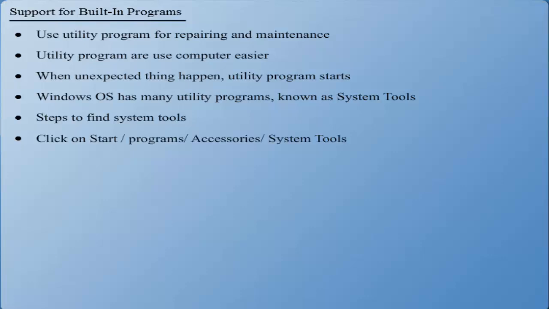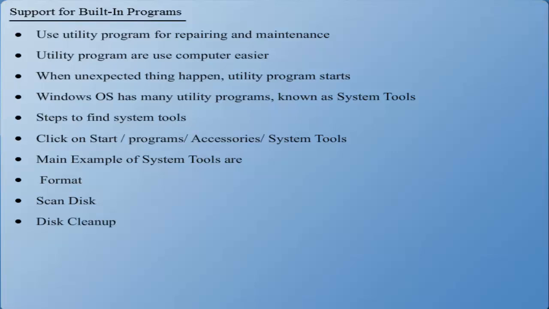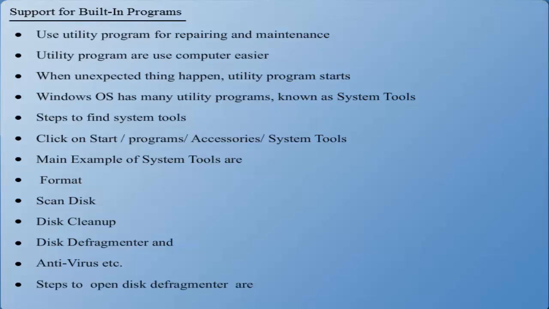The main examples of these utility tools may include number 1, Format, number 2, Scan Disk, number 3, Disk Cleanup, number 4, Disk Defragmenter, and number 5, Antivirus. The following image shows a progress of Disk Defragmenter, which is basically found in Programs, Accessories, System Tools.